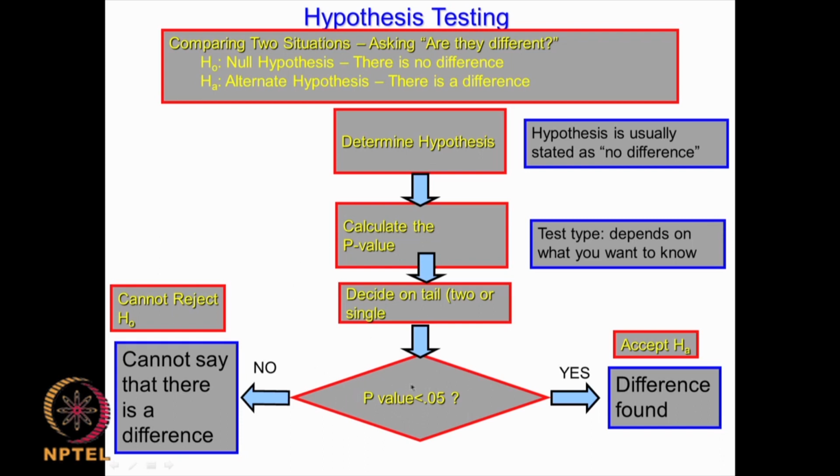Then you decide on the p value: am I looking at a 95% confidence interval, or a 99% confidence interval. For 95%, p will be less than 0.05; for 99%, p will be less than 0.01. I do that calculation, and then either p is less than 0.05 or p is not different.